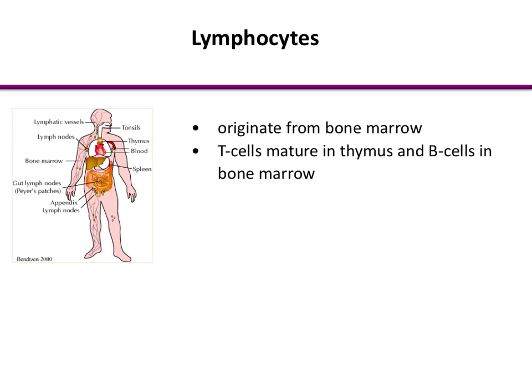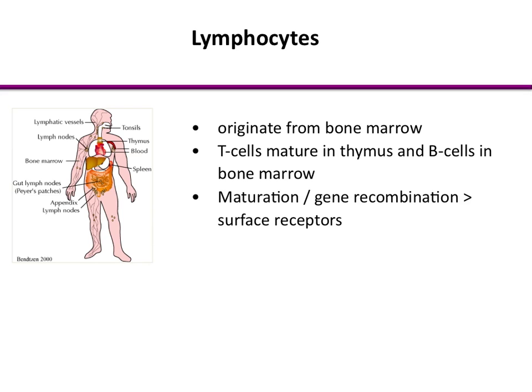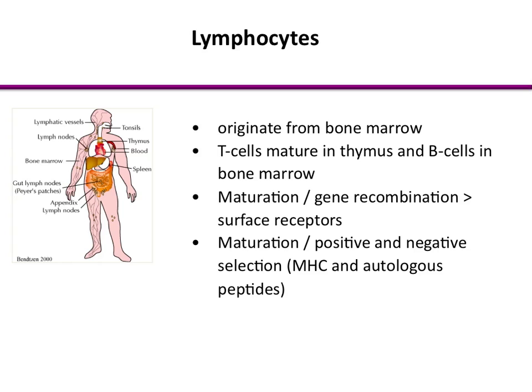T cells mature in the thymus and B cells in bone marrow. And what we mean by maturation is basically gene recombination. It means that it can lead to receptors that vary from each other. We have millions and millions of different receptors because of gene recombination.